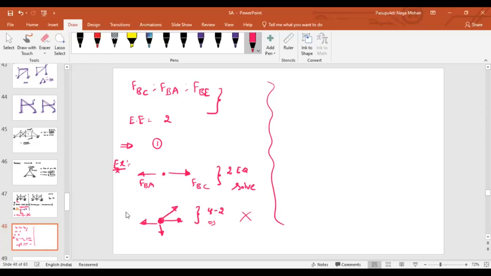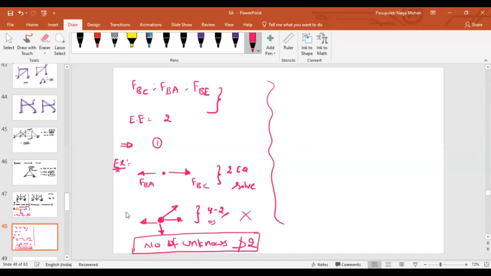Just like in this case, unknown forces are 4, but we have equilibrium equations 2. That means we cannot solve all these 4 forces. So this is the initial start: from now onwards, whatever joint you consider, you have to make sure that the number of unknowns should not be greater than 2. This is the basic funda we have to understand for the method of joints.